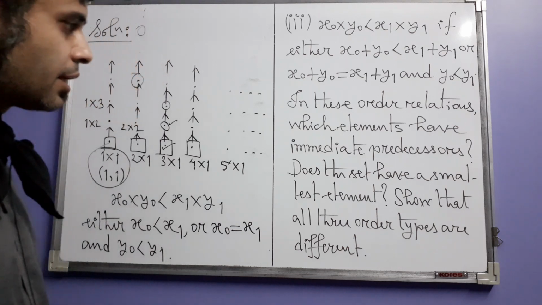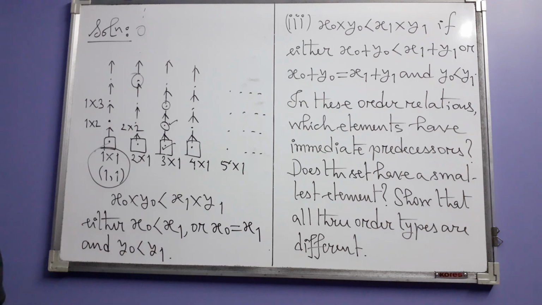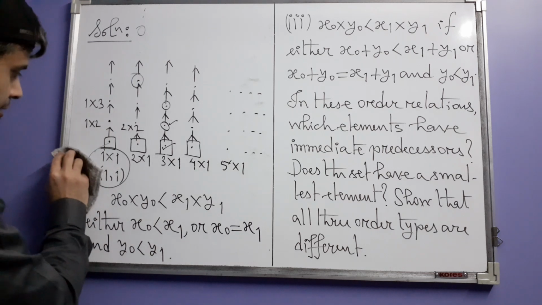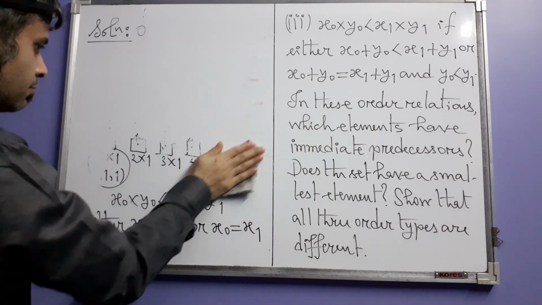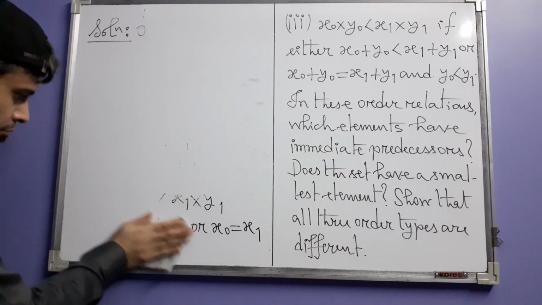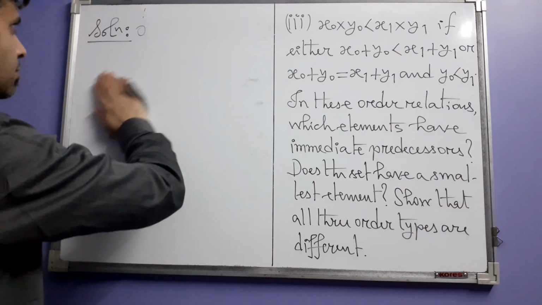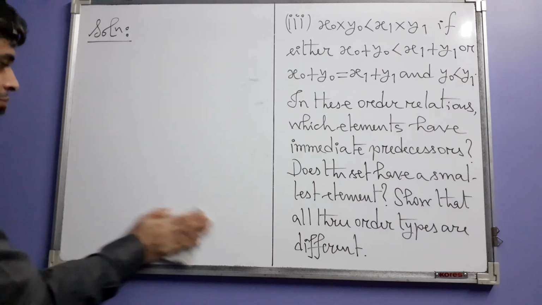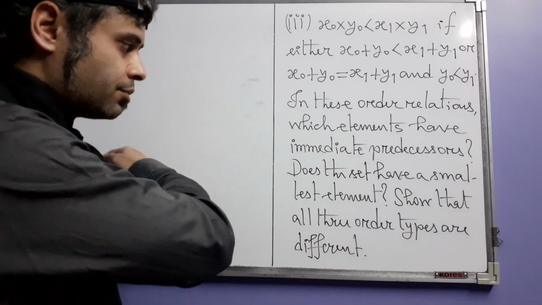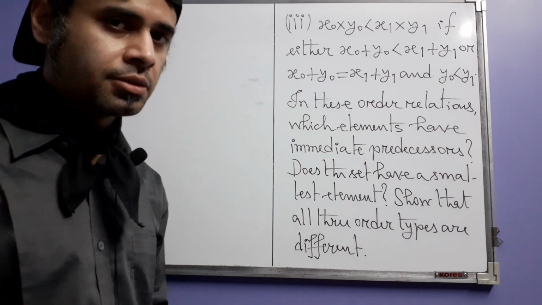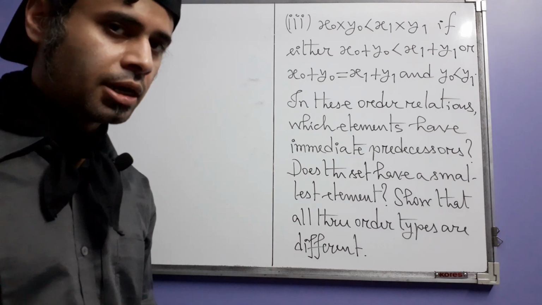Okay, so we can now answer number 1, part 1. And this will be our answer. That means from the entire set, set plus times set plus, you have to remove those bottom elements, and those are the elements which have y coordinate equal to 1.